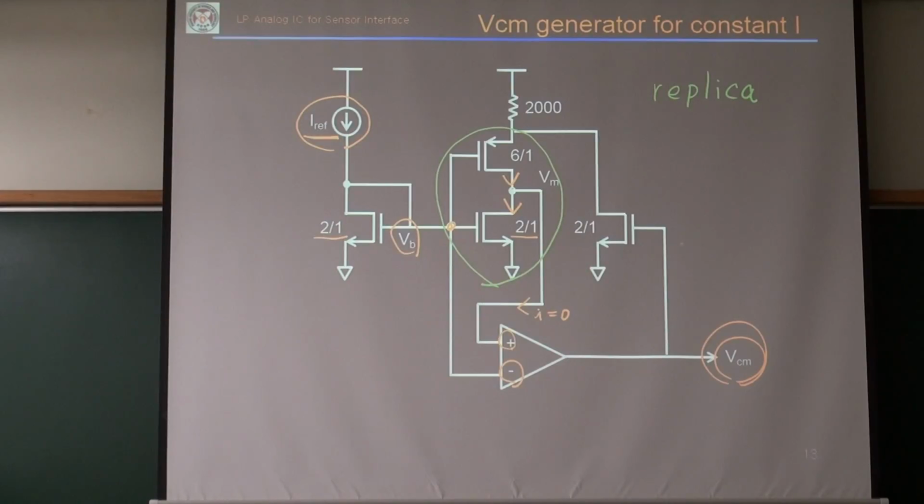Then I have a negative feedback through this branch. Okay, negative feedback. Yeah, this negative feedback will set virtual ground between those two nodes. So my VB will be same as VM.